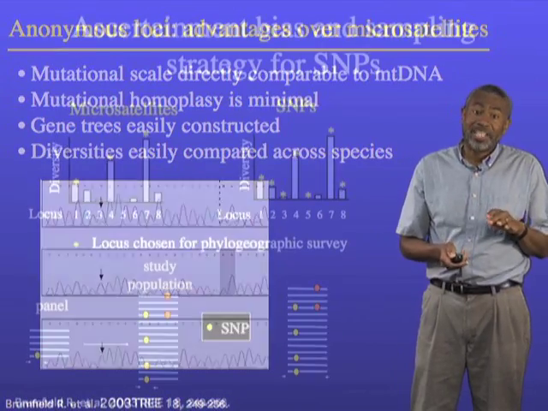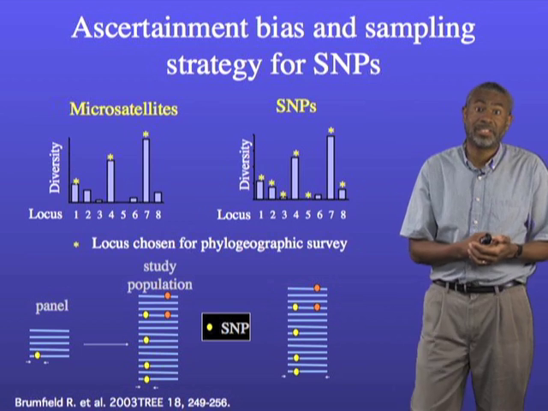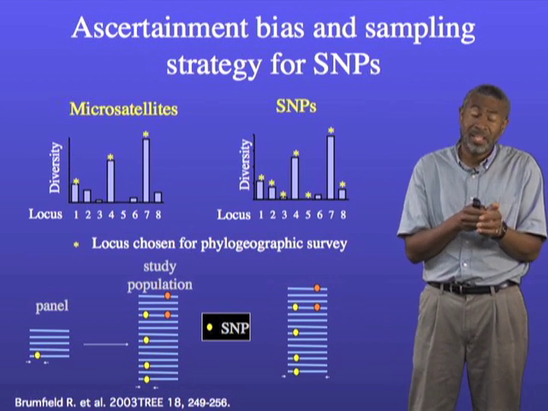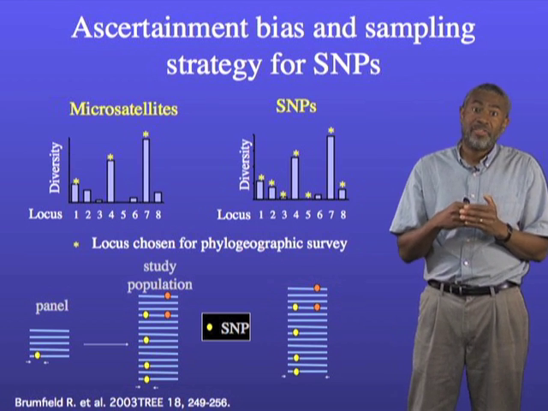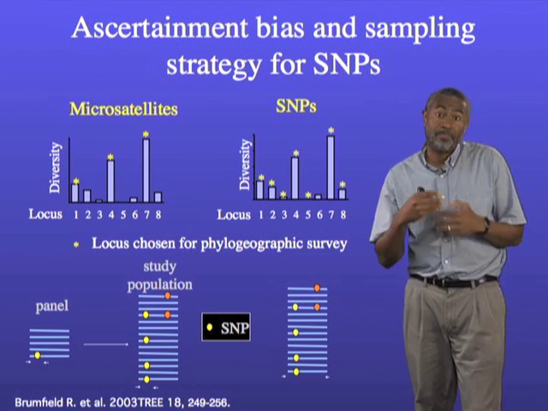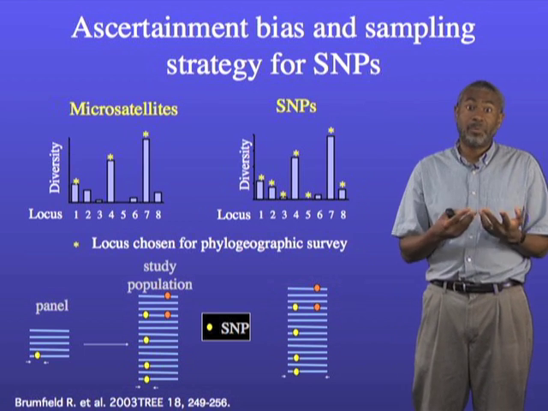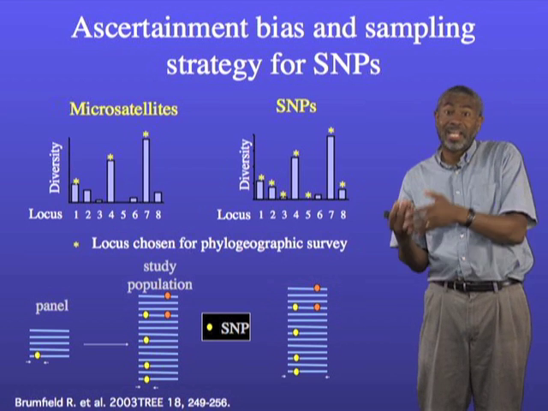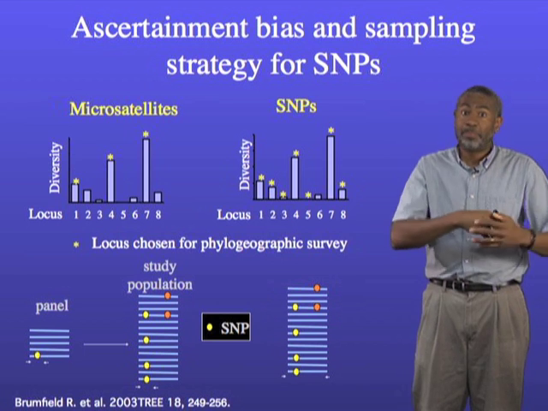These are all in contrast to a very popular marker called microsatellites. Microsatellites are essentially repeated regions of the genome that we assay not by sequencing, but simply by scoring the number of repeats within a marker. It turns out that microsatellites can undergo a lot of back mutation. Homoplasy is very common. It also turns out that we look at mitochondrial DNA and microsatellites in the nucleus in completely different ways.